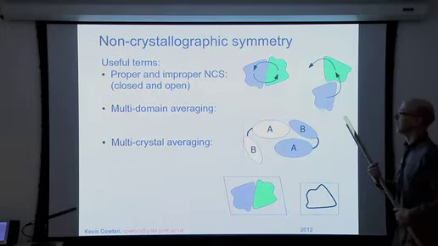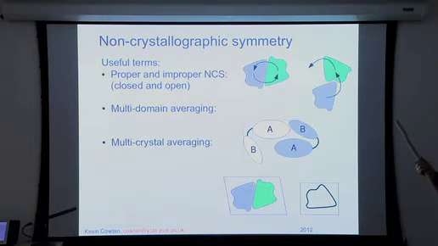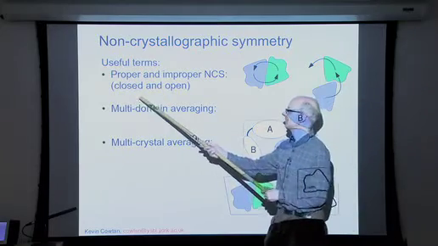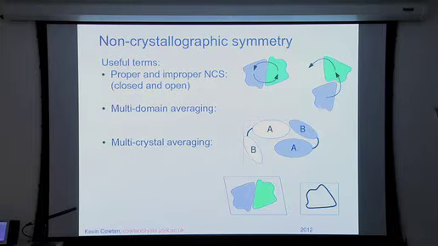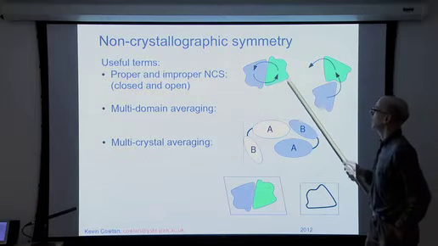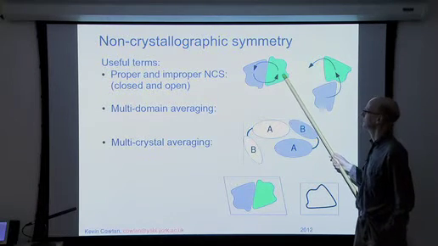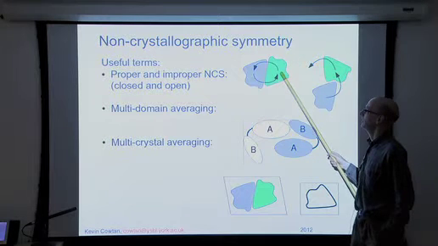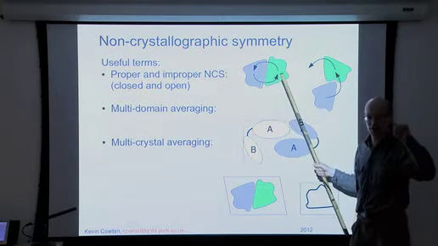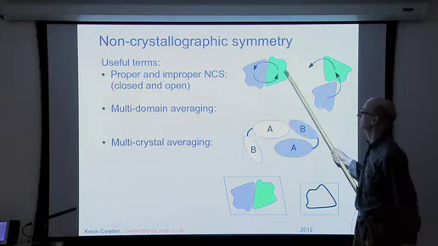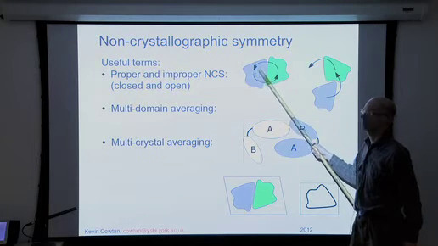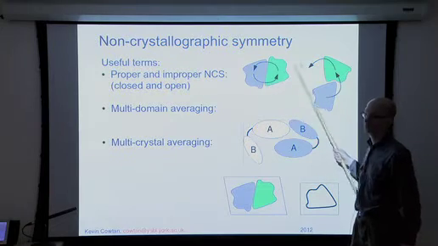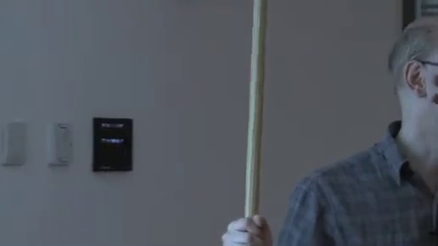Some more terminology. You may come across proper and improper NCS, also described as closed for proper and open for improper. A bit of symmetry terminology. So in proper or closed NCS, every operator maps a copy of the molecule onto another copy. So a twofold axis here maps this copy onto this copy, but it also maps this copy back onto this copy. And that's because in this case, it's a perfect twofold rotation.